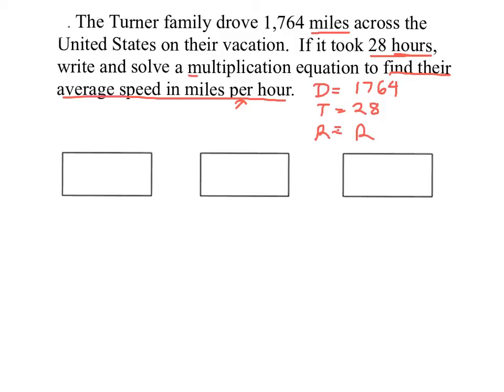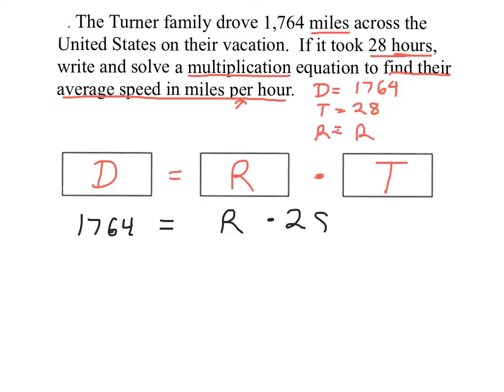They want us to write a multiplication equation. So given the information before, we know the multiplication for finding distance would be distance is equal to the rate times time. So we know the distance is going to be 1,764 equals rate, we don't know the rate, times 28. So in order to solve this problem, we can draw a fulcrum down the center of the equal sign. We're going to start on the right hand side because that's where the variable is.